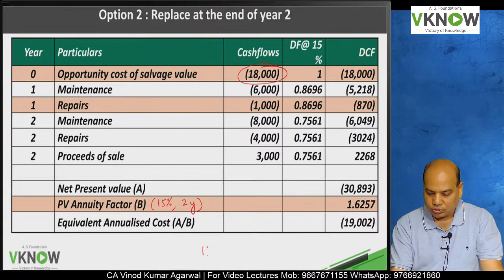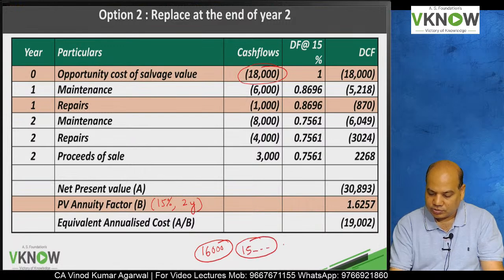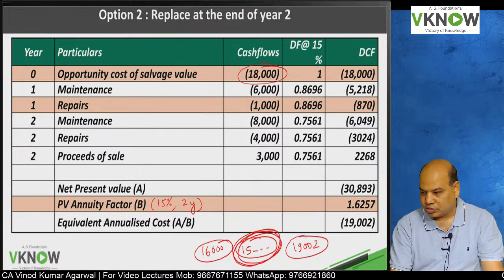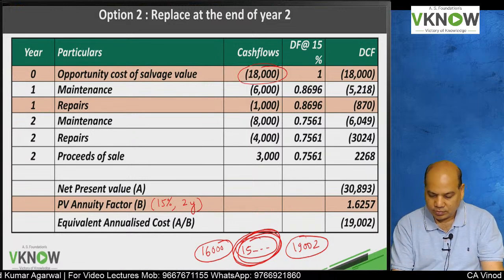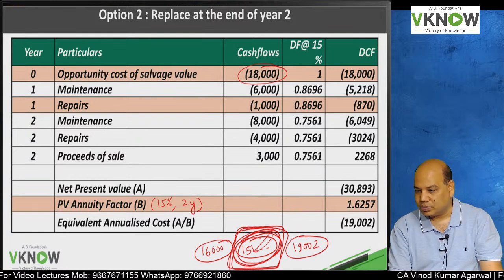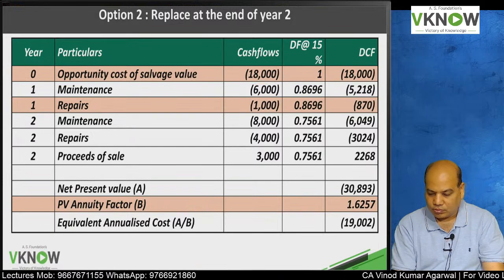So I have 3 numbers to compare: 16,000, previous was 15,000 something, and now it is 19,002. This is lowest. Can you see this is lowest? If this is lowest, you should reply old machine should be replaced at the end of year 1.